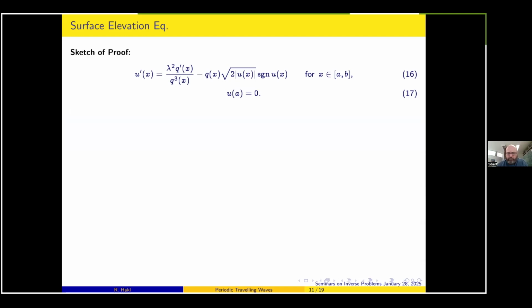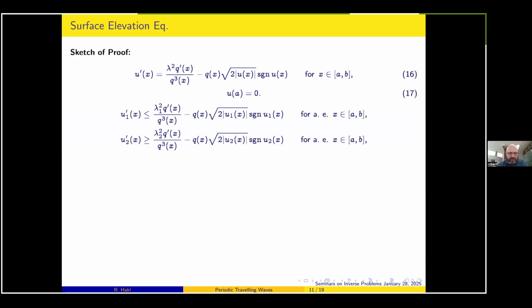The sketch of the proof of this theorem is that the base is the theorem on differential inequalities.